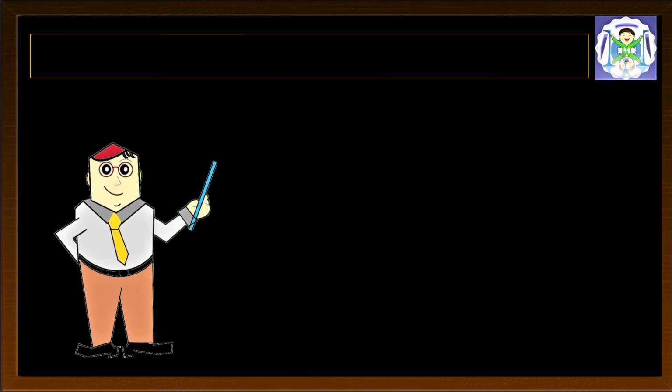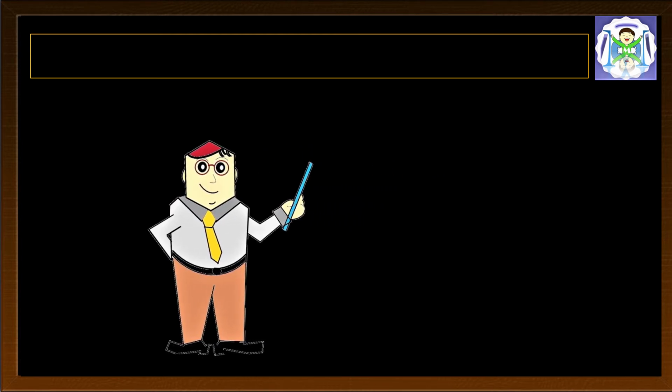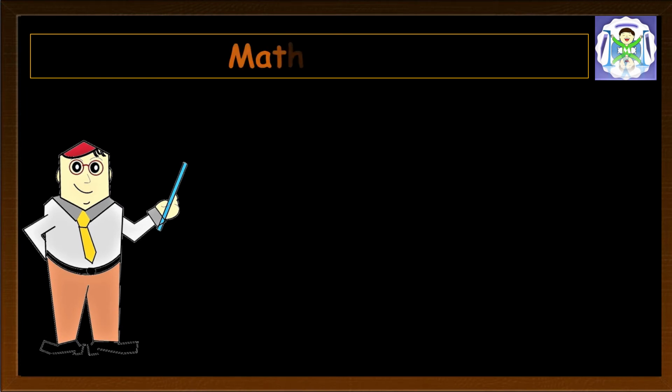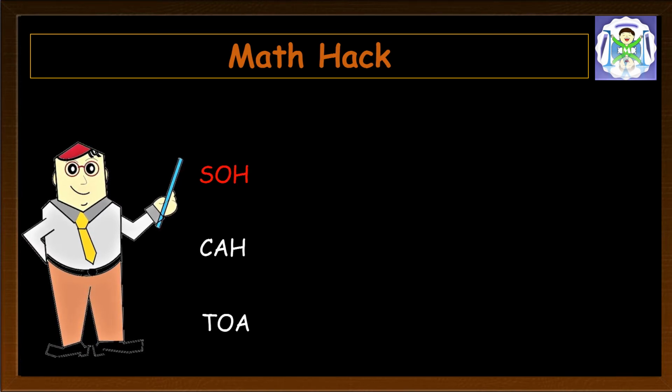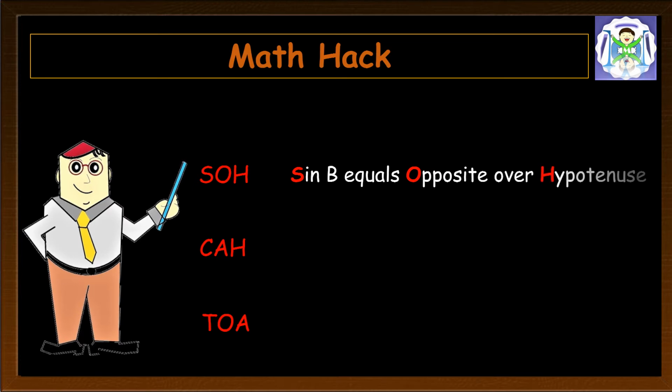Many times we get confused about the ratios, so how do we remember them? Here's a trick which is called the math hack: SOH-CAH-TOA. SOH stands for sin B equals opposite over hypotenuse.